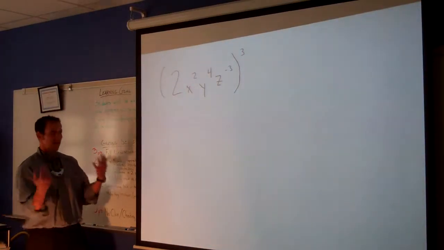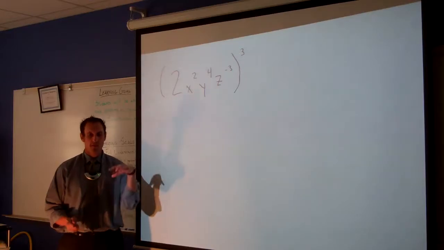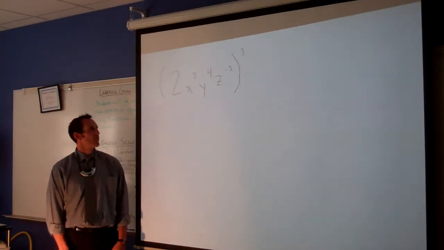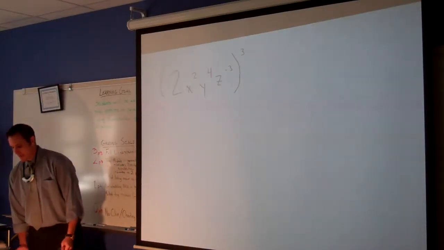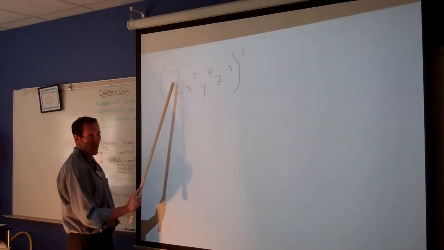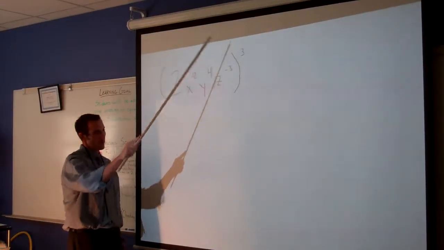All right, so there's many ways that we can do this. In fact, the more complicated things get, the more ways there are to do it. But the first thing we have to notice is that we have this whole thing in parentheses, and something's happening to it, it's being raised to the 3rd power.